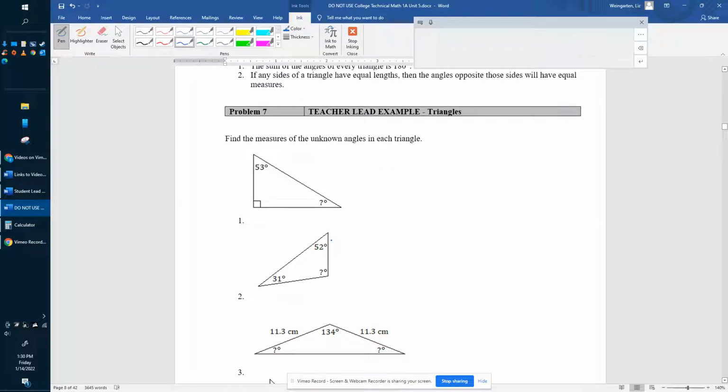Find the measures of the unknown angles in each triangle. Well, we have 53 degrees. This box is telling us that that's 90 degrees. So what's this angle? Well, we know they all have to add up to 180 degrees. So 180 degrees must be the sum of these angles.